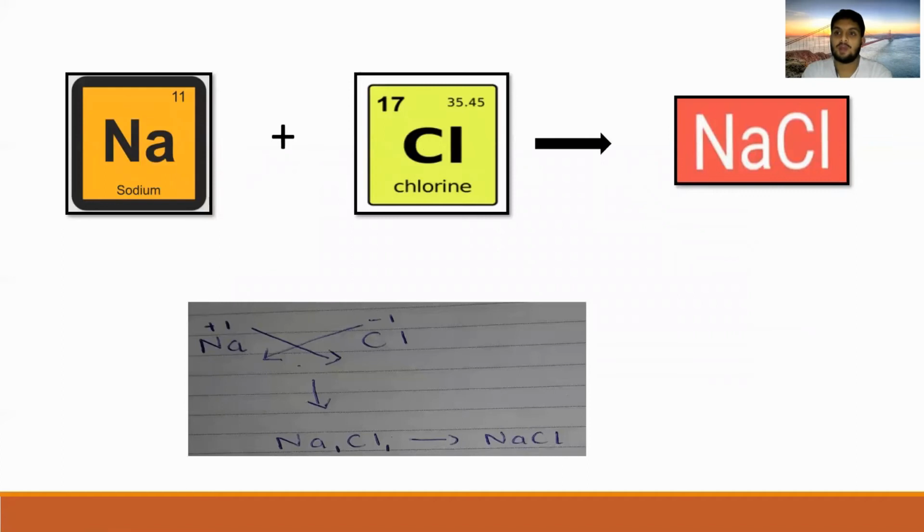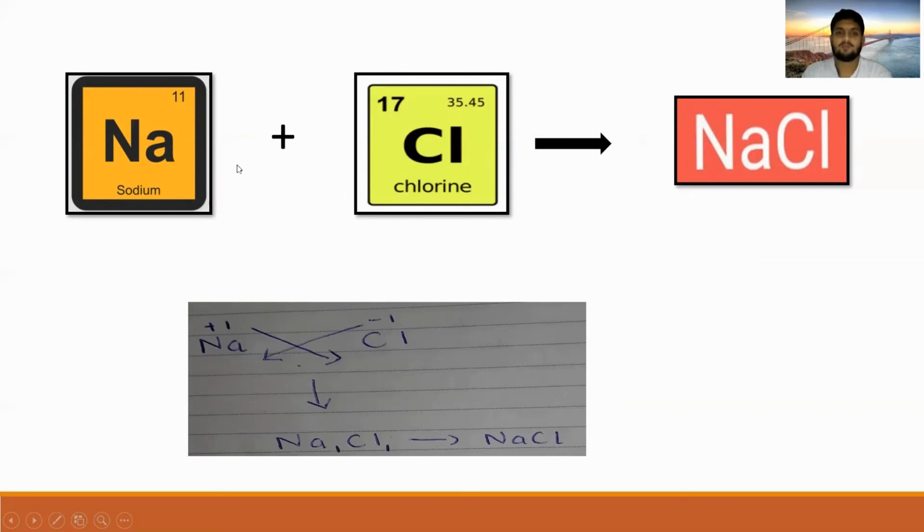All right, now let's go to an example. Let's look into some examples of this symbolic equation. Now I said sodium. If you look into the periodic table, it has the symbol Na, and this 11 is the proton number. But when you are writing symbols, the only thing you need to know is this symbol.